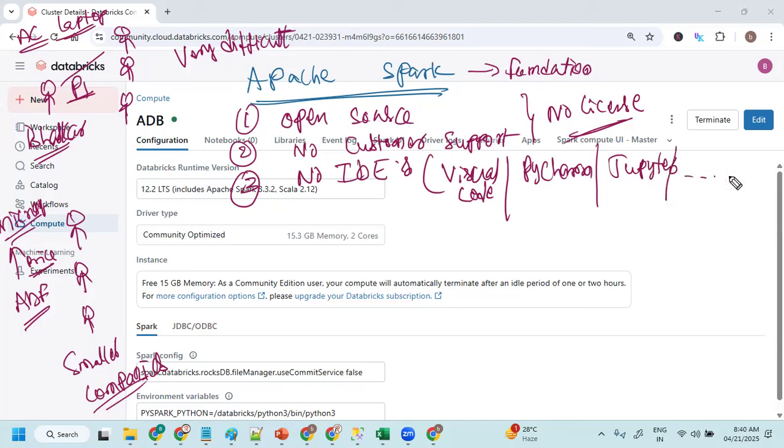Those IDEs you need to use to work with Apache Spark, because Apache Spark has only an interactive command shell. So that is fine, you can go with other tools. But for PyCharm or Jupyter you may pay some cost, because IDEs are required. If you don't have an IDE, then you cannot work with Apache Spark.